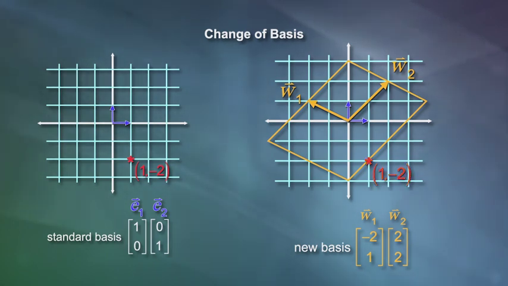Or in other words, how can I find the coordinates of (1, -2) with respect to a new basis, W1 and W2? I can view this question geometrically by drawing a new grid corresponding to W1 and W2. The grid will fill out the entire space if W1 and W2 span all of R2. And I can read off the coordinates of any point in the new grid if I want, and that will be the coefficients of W1 and W2 I'm looking for.